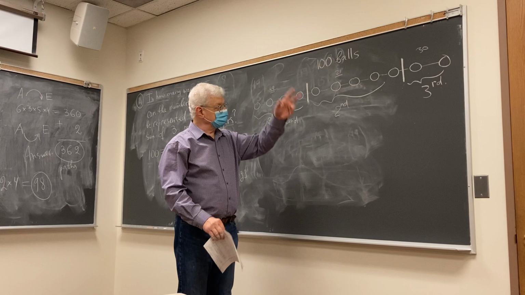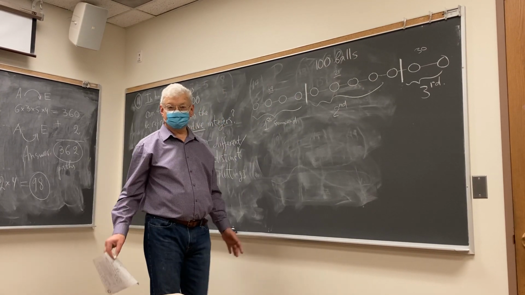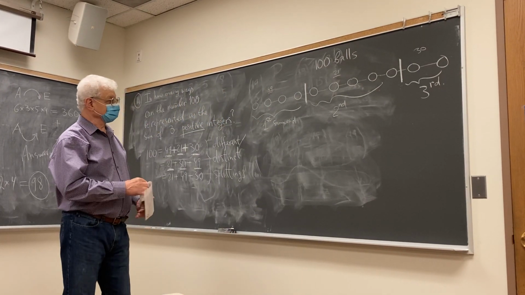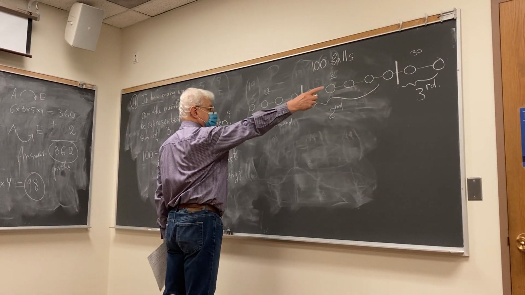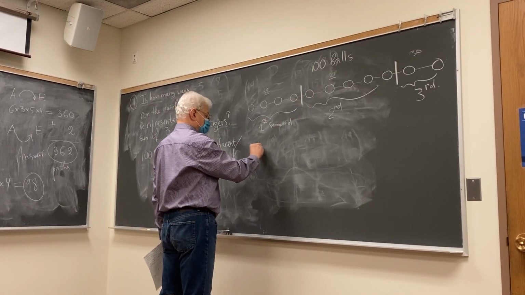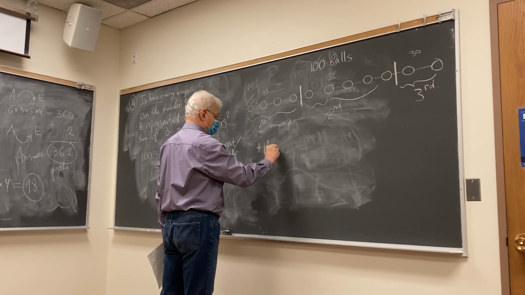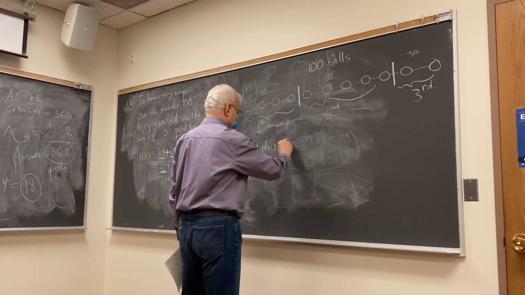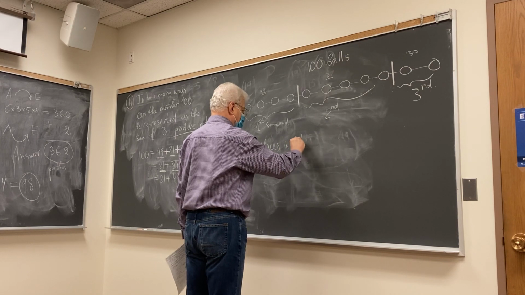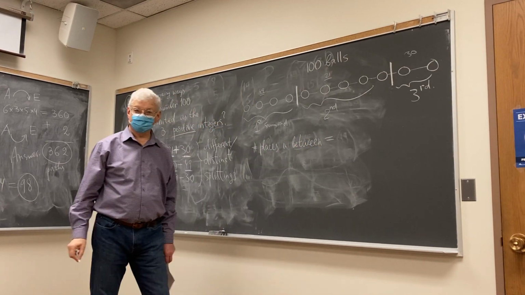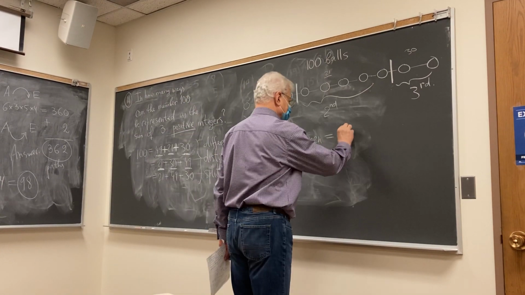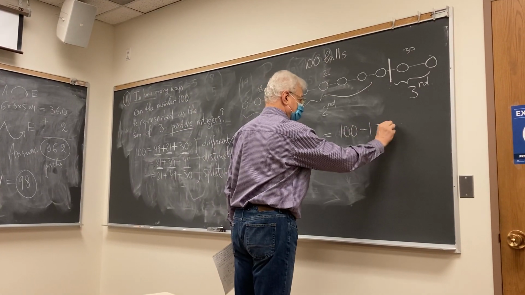Once I make two cuts, I have the representation. Very easy, right? So how many places in between? That was the law plus minus 1. It's 100 minus 1, 99.